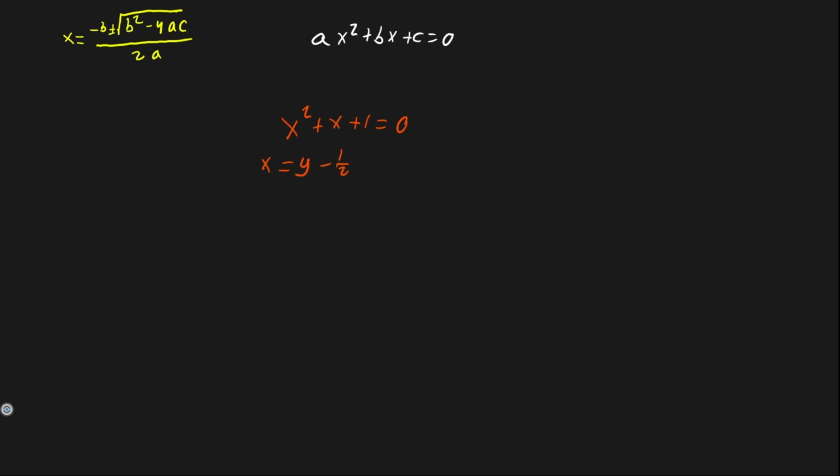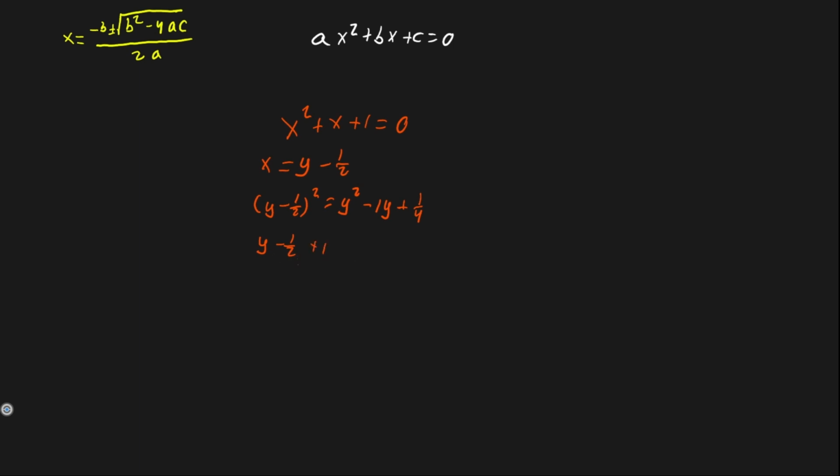And we get to plug in y minus 1/2 into x, giving us y minus 1/2 squared is equal to y squared minus 1y plus 1 over 4. And we're just going to have y minus 1 half plus 1.